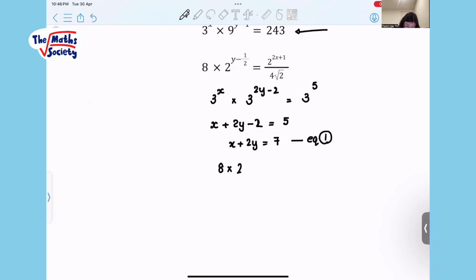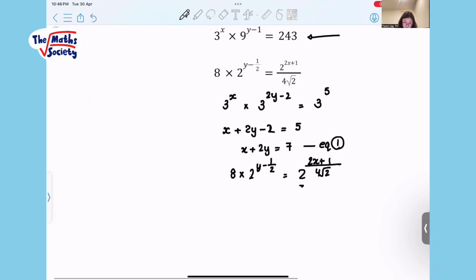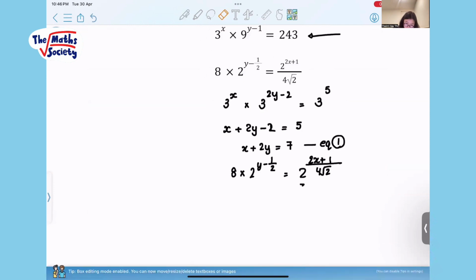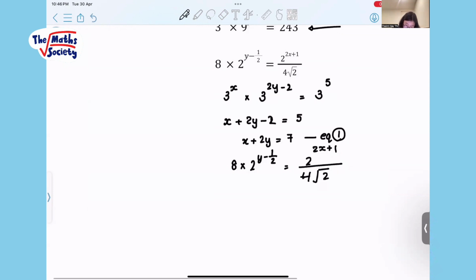8 multiplied by 2 power y minus 1 by 2 equals 2 power 2x plus 1 by 4 root 2. So we know that when you have the same base in here, 2 is going to be the common base. So, wait, why did I write it this way? Yeah, this is much better. 2 power 3, 2 power y minus 1 by 2, 2 power 2x plus 1 divided by 2 power 2, 1 by 2.